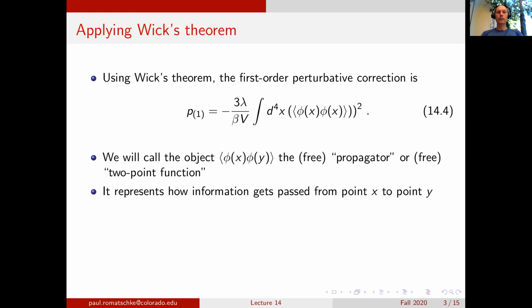This object represents how information gets passed from one point x to another point y through the quantum field theory. Since it basically represents how information gets passed from x to y, we can represent it pictorially as a line from x to y.